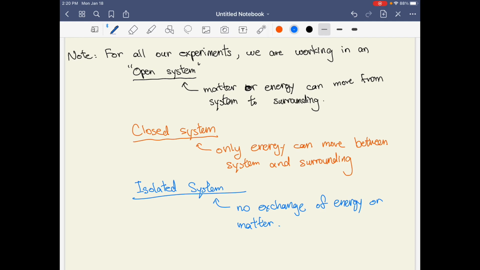If you think so, you've been watching way too many sci-fi movies. So that's what an isolated system means, where there's no exchange of energy or matter, and you're not just talking about what's happening in your beaker, but what's happening in this universe. Basically, the heat that you just released from the neutralization reaction is going to stay in this universe. It's not going to go to another dimension, heating up another universe. I mean, that's pretty crazy to think about. If you are thinking about that, you must be crazy. I'm sure you guys think about that all the time.